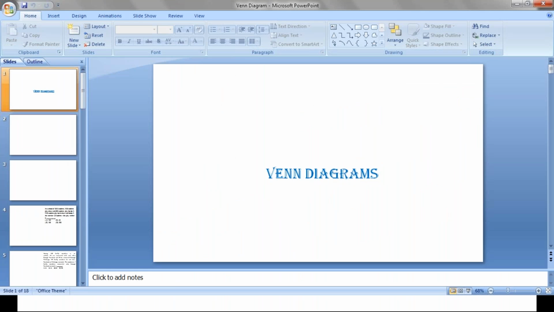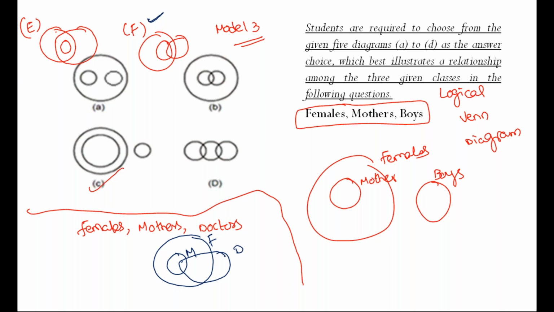Now, once you are done with this, let me go to the next slide to discuss a few things. Hope you are done till now. Very good. See the next one.